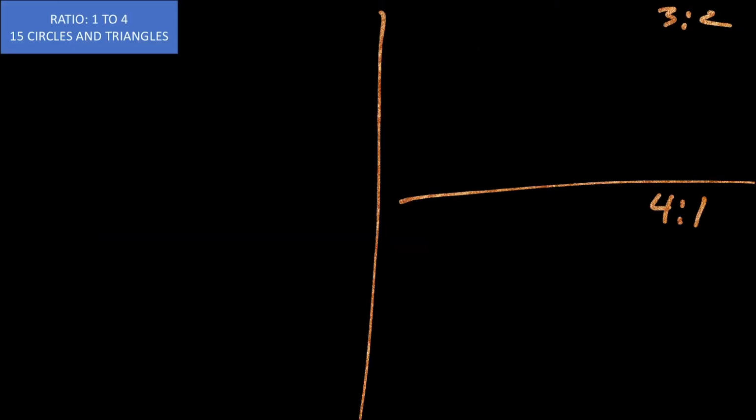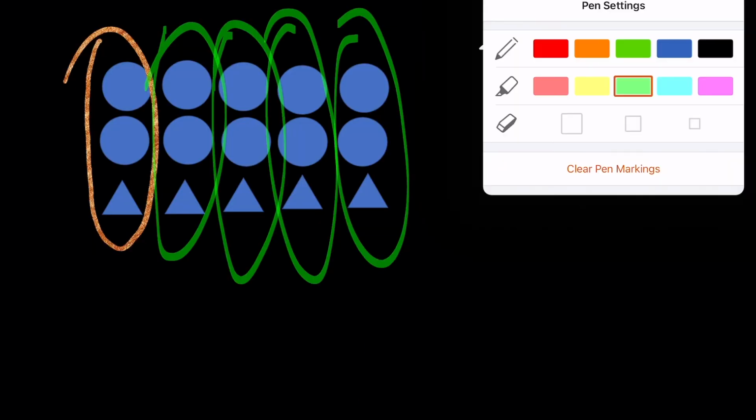These are still 2-to-1 ratios. Okay, if I wanted to show a 4-to-2 ratio, I could just do it that way. And then I could add more groups in again.